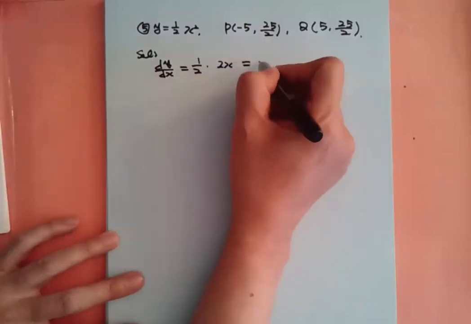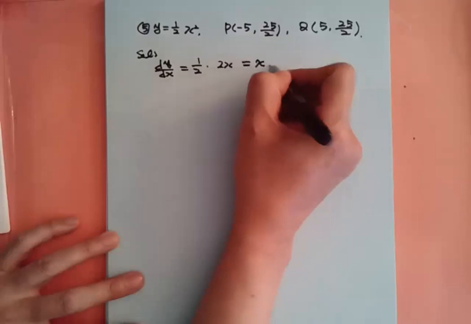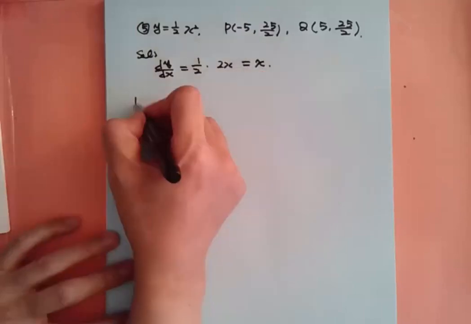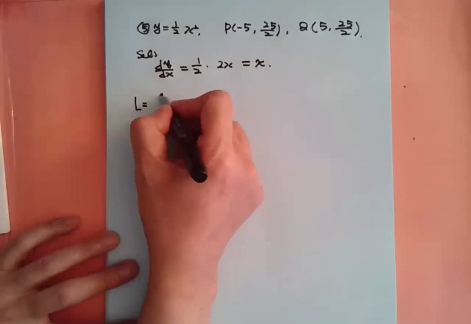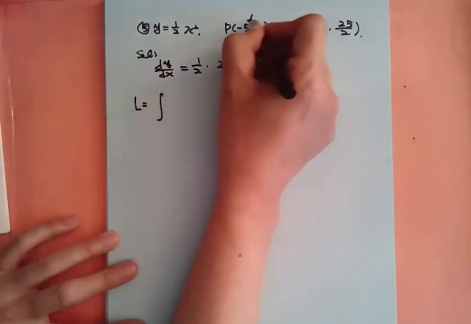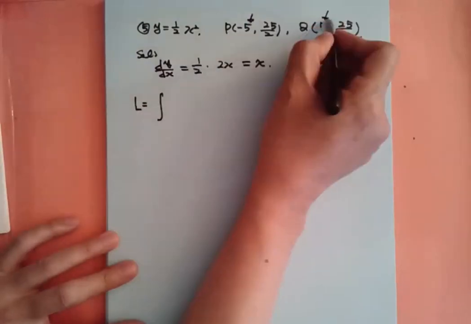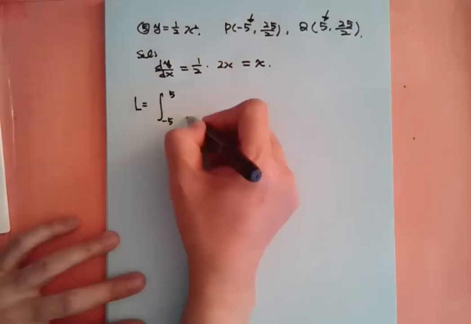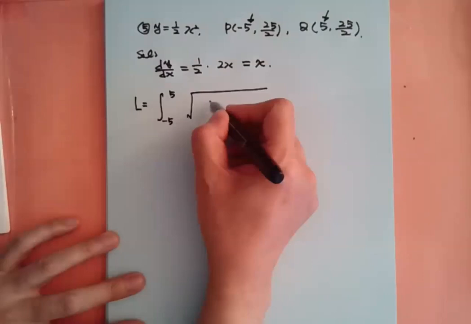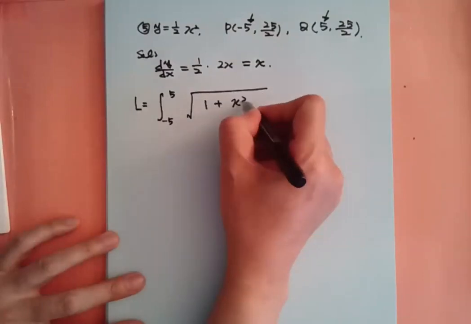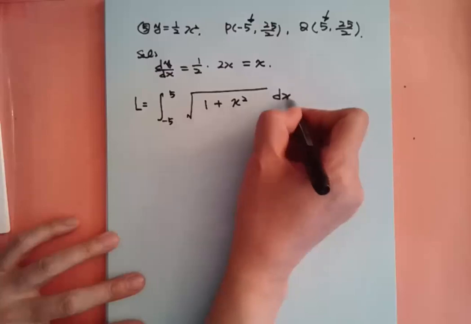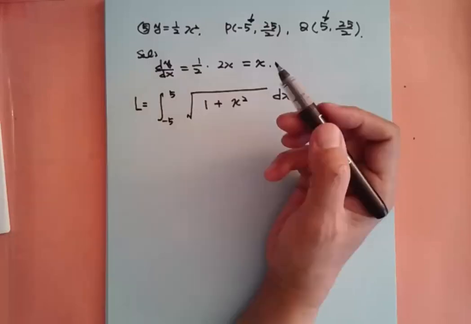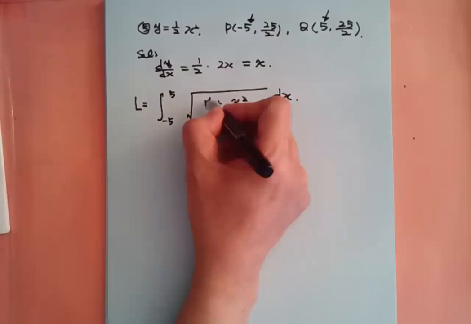So that becomes x, right? And then L is, we're thinking about dx, from minus 5 to 5 square root of 1 plus x squared dx, right? dy squared is x squared. So that becomes 1 squared plus x squared.